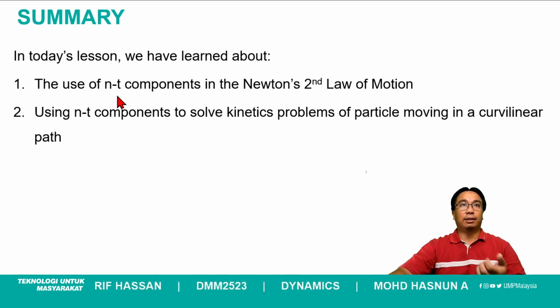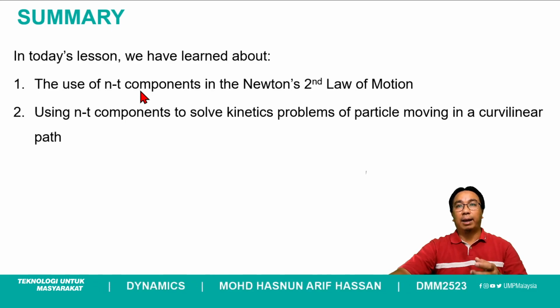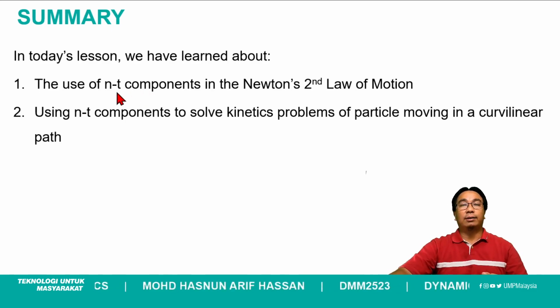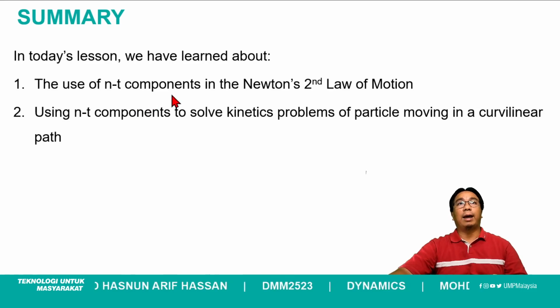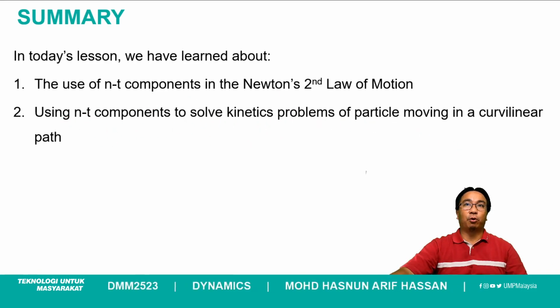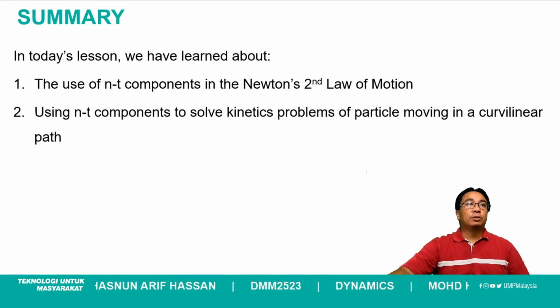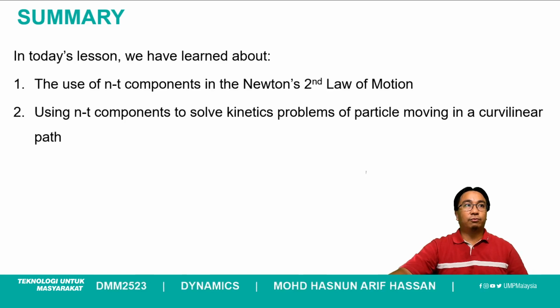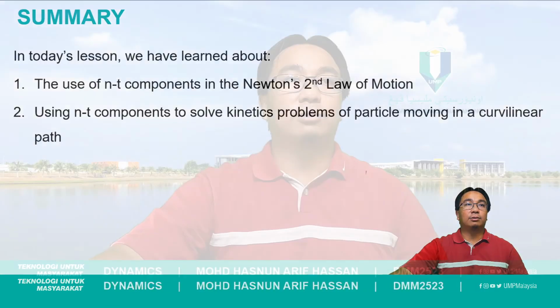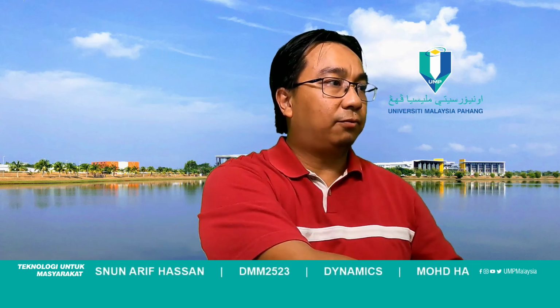Today we have looked at Fn equals to man, which is mv square over rho, and Ft equals to mat. And then we have used anti-component to solve problems related to kinetics of particle in curvilinear path. Okay. So if there's no more question, I would like to thank you for coming to the class today. Let me snap the attendance first before you leave.